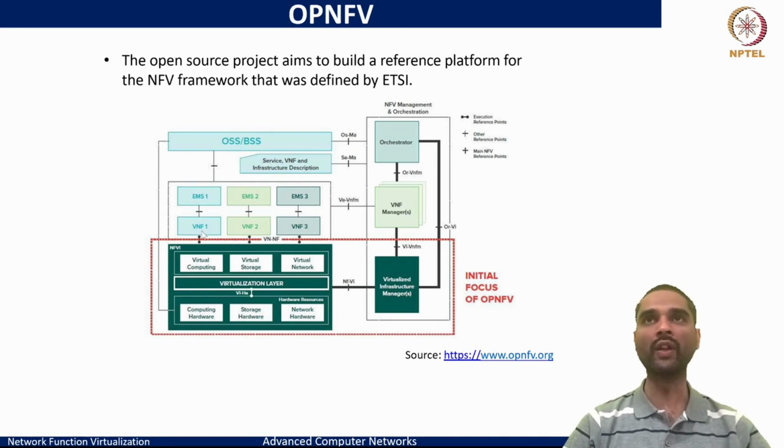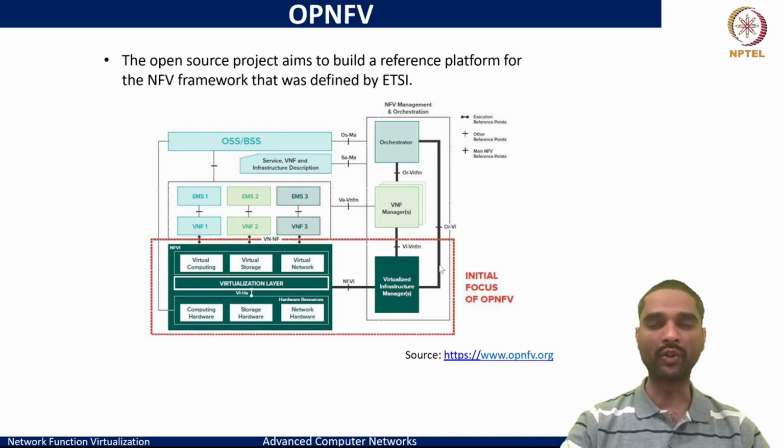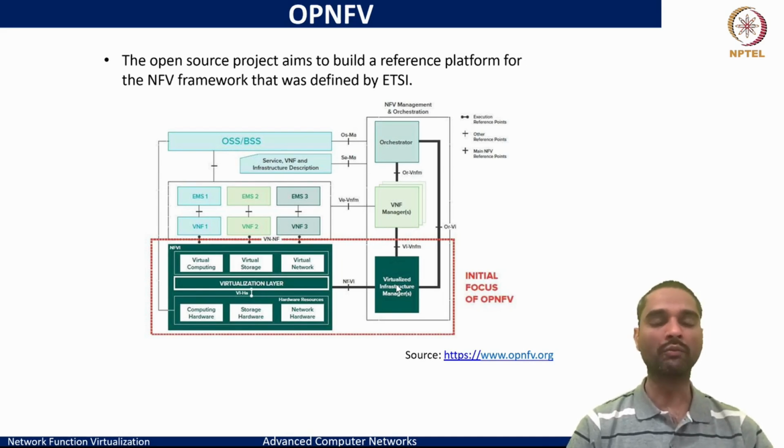And this OPNFV facilitates the common NFVI, and through the project it also provides continuous integration with several of the upstream projects. And when we ask what the core upstream projects in this architecture were, they were the means to develop and deploy network functions.